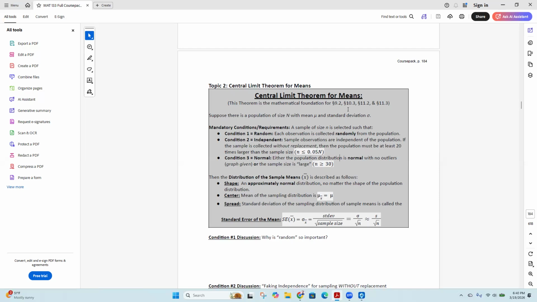Because there's hundreds of millions of people. I can't measure everyone's height and then take the average, okay? That would take too long and it'd be too expensive. So instead, what I can do is I can take a sample and I can measure the height of, let's say, 1,000 people. That could still take a little while to do, right? But it's not going to take forever. So I'll get 1,000 random people, I'll measure their heights, and then average those numbers.